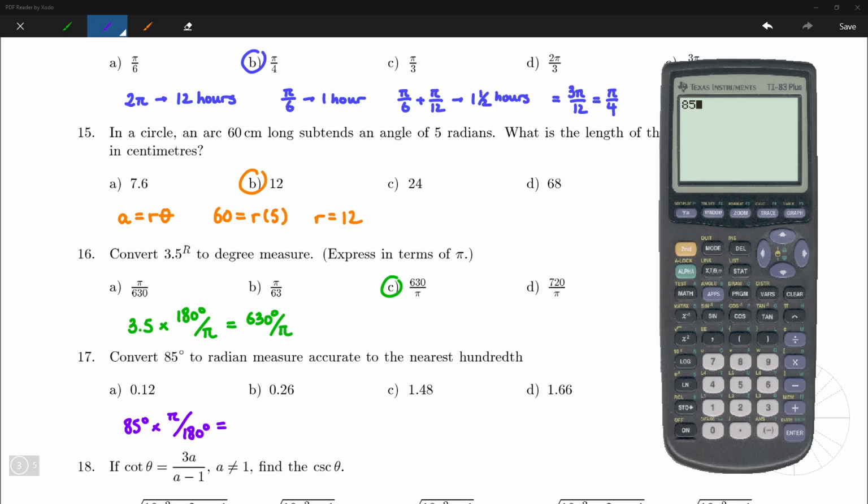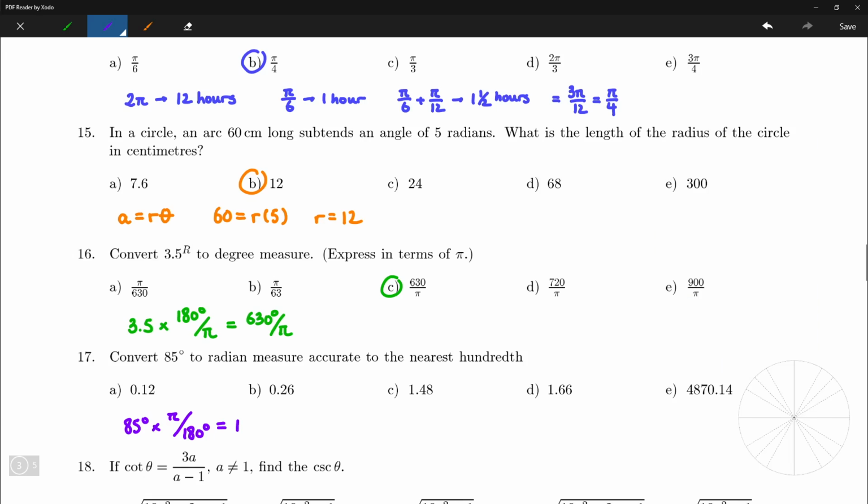So that will be 85 times pi, where is the pi button? All right, there it is. And then divide by 180 degrees. Okay, 1.48. Okay, so the answer is C here.